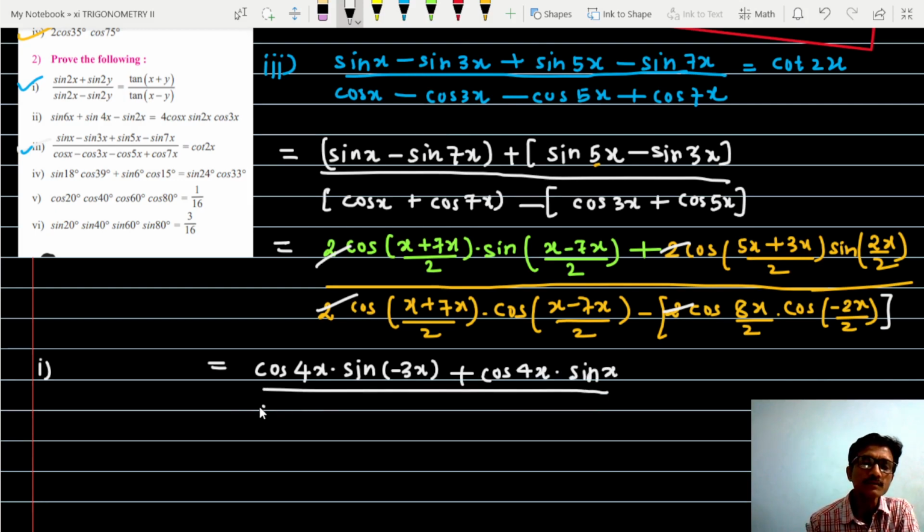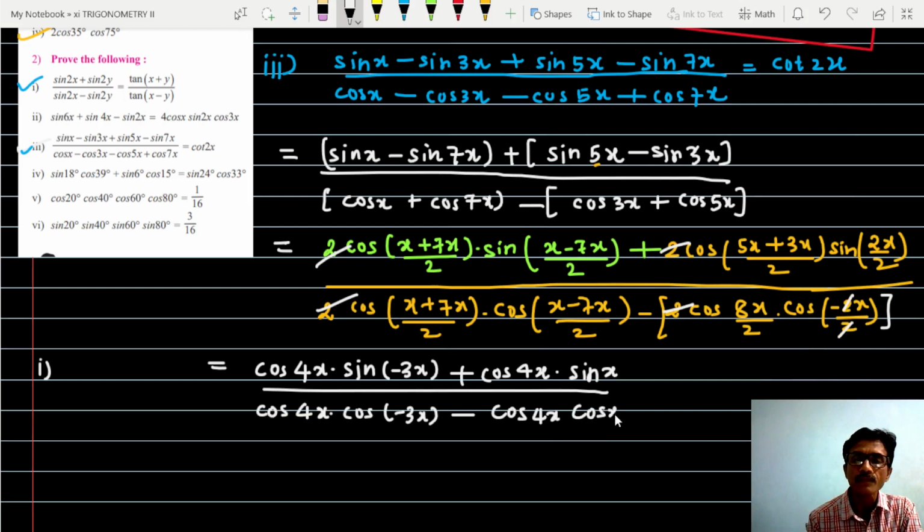Here cos x plus 7x, 8x divided by 2, 4x into cos x minus 7x, minus 6 upon 2, minus 3x, minus this is cos of 4x. And this cos of minus theta is cos theta, and the 2 cancels and cos x will come here.